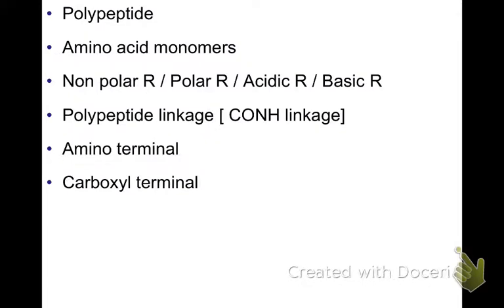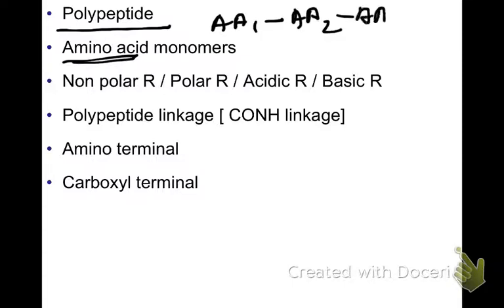Now the polymeric form of protein is a polypeptide. So you have a polypeptide, which means it has individual monomers of amino acid. So I have amino acid 1 joined to amino acid 2 joined to amino acid 3 joined to amino acid 4.